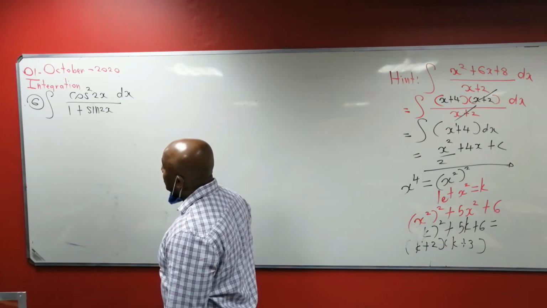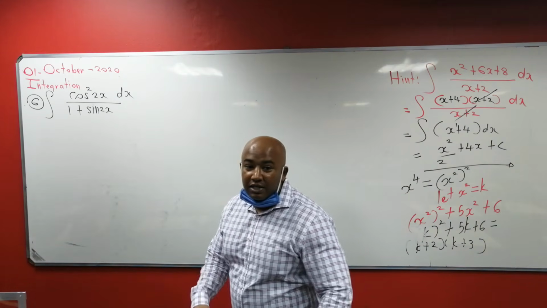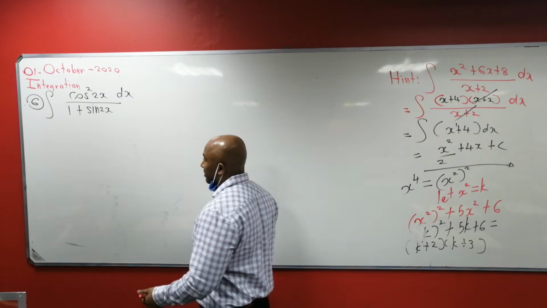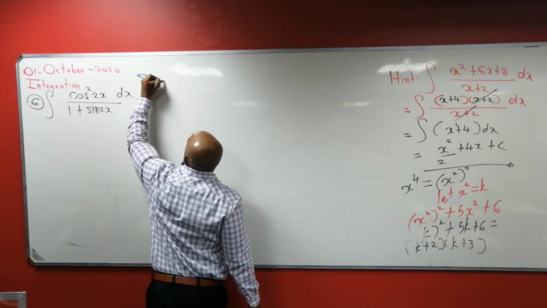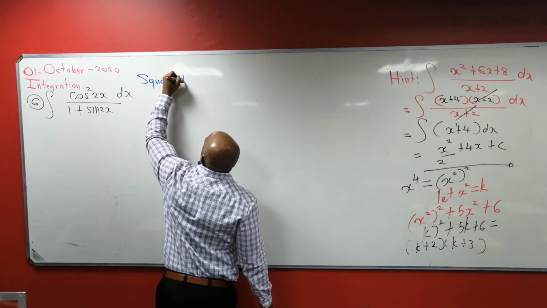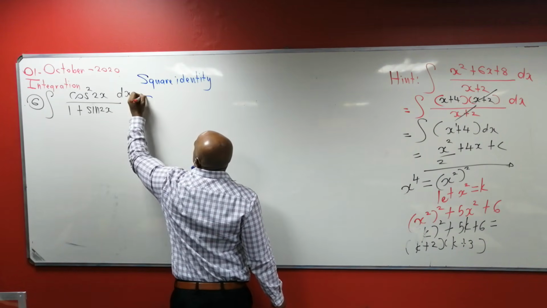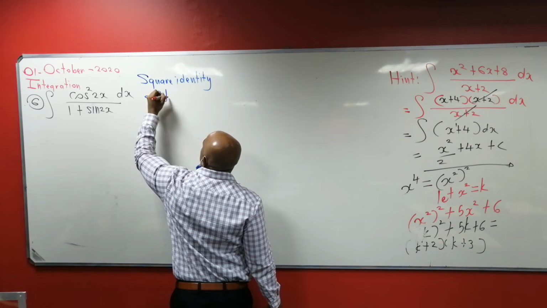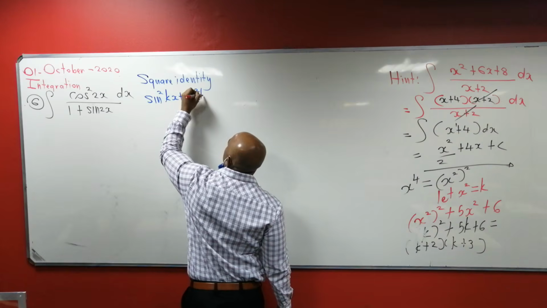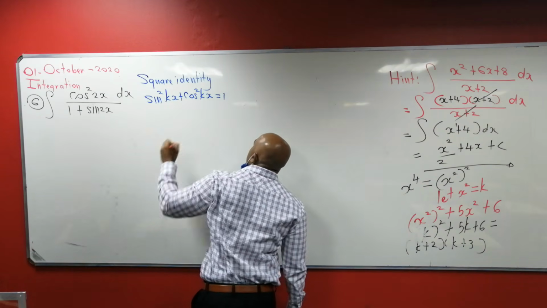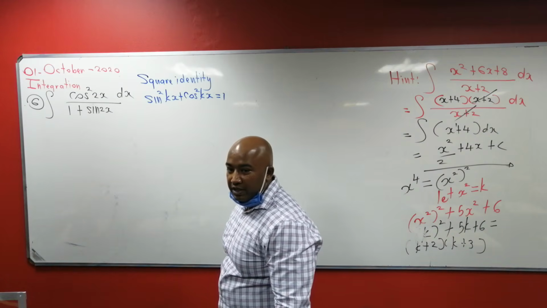So with cos squared 2x, now when you have a square, you should think square identities. Okay, so your square identity: sine squared kx plus cos squared kx is equal to 1. There we have cos squared kx.